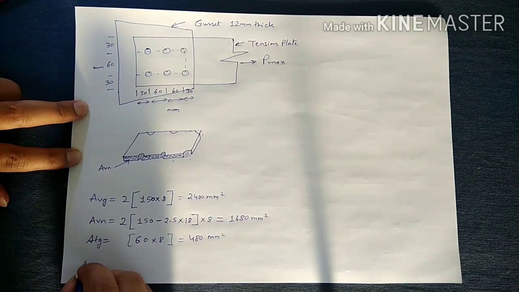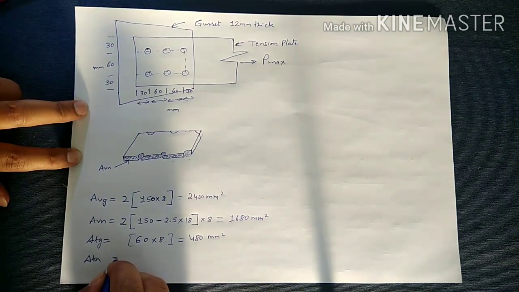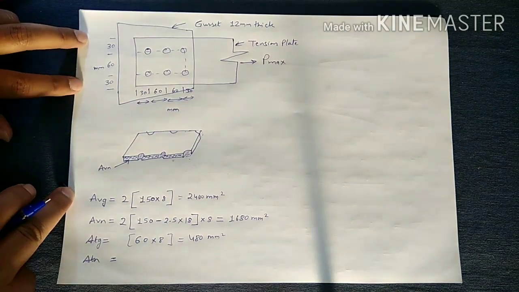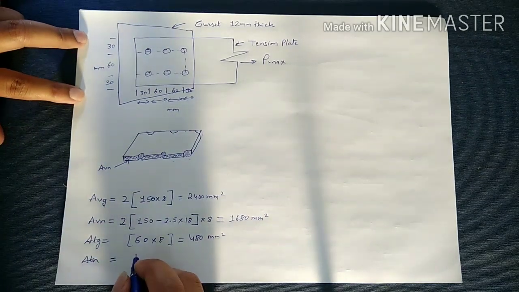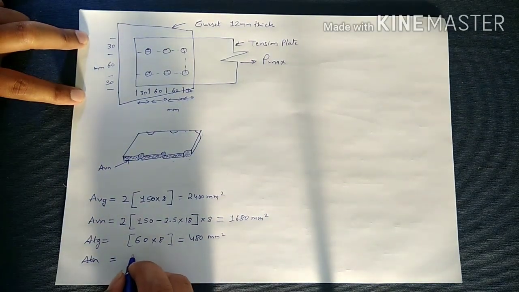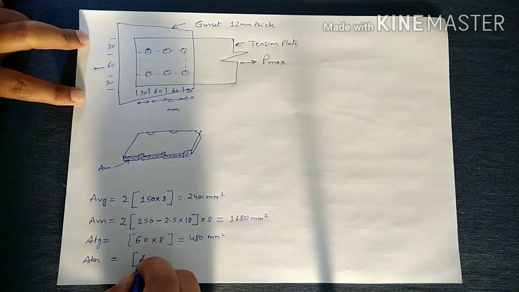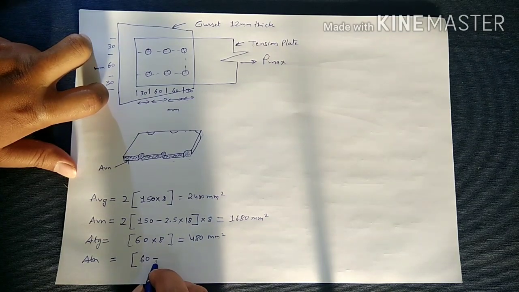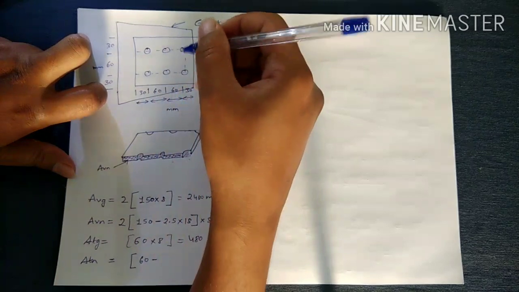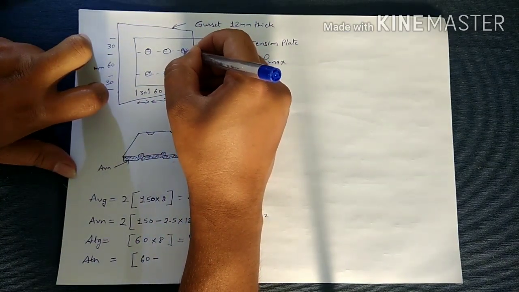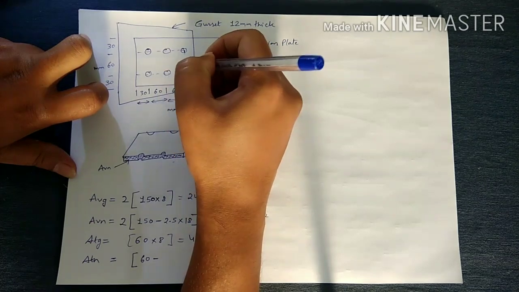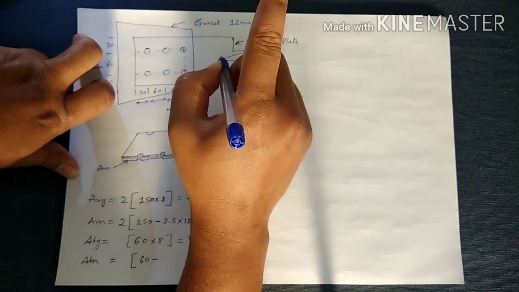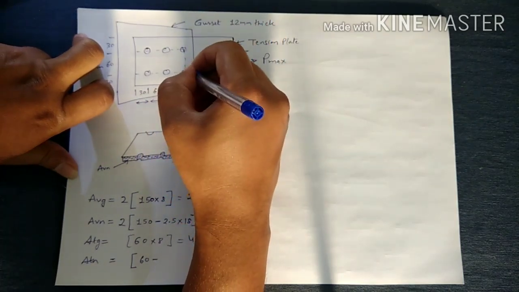Now ATN. Since we are calculating net area, we will consider the bolt holes. So it will be 60 minus, now we have to consider how many bolts. You can see half bolt and half bolt, half and half will turn into one bolt.